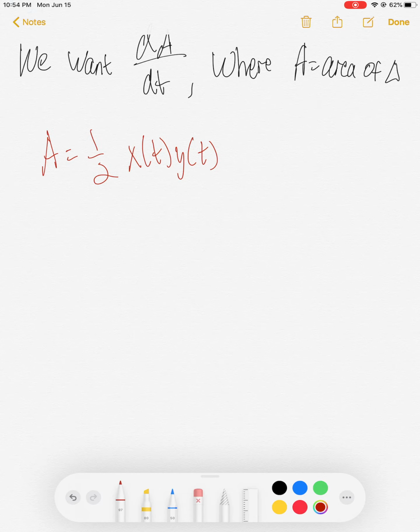Let me copy that down here. So area equals 1/2 x of t times y of t.